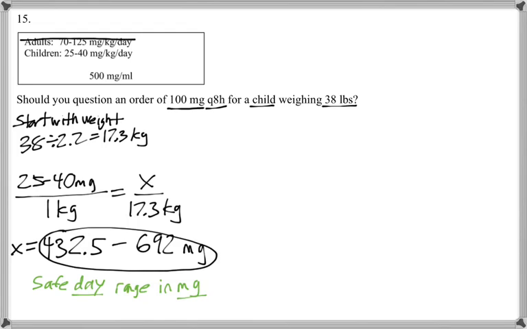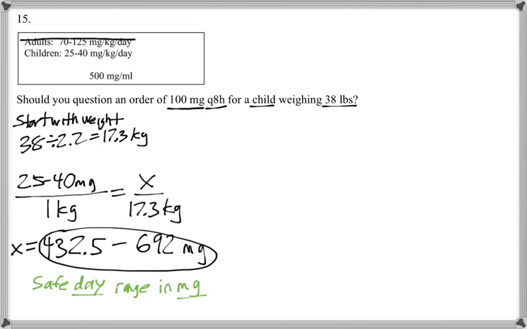Okay, so at this point we really have 2 different options because the order is coming in at 100 milligrams Q8H. So I can't compare the 100 milligrams with this range here because this is a day range and this is a dose order.